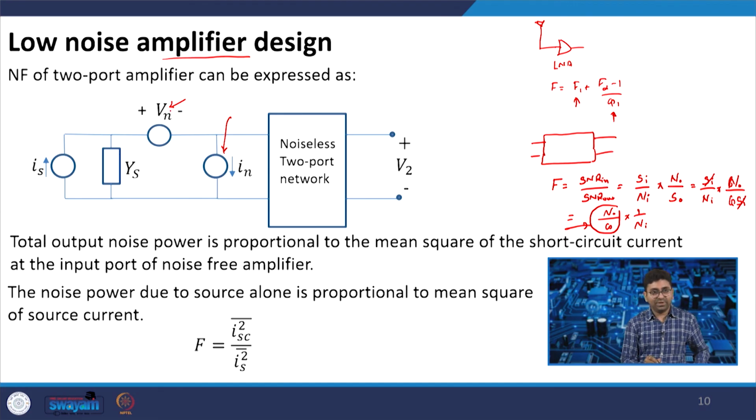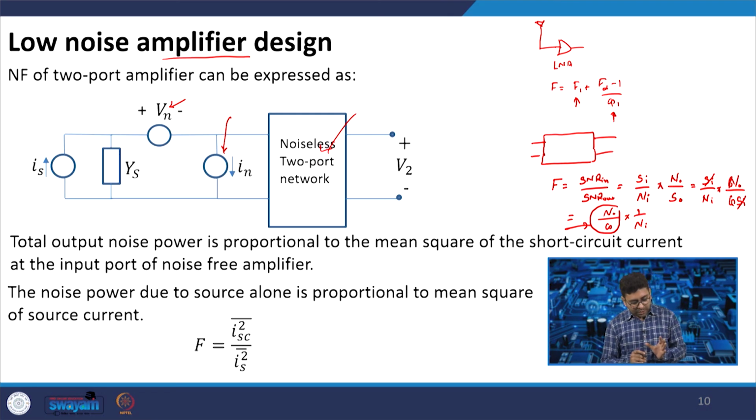Similarly, Vn is the voltage noise at the input side due to the two port network, the input referred noise voltage. So, this will then become a noiseless two port network, and you have represented the noise generated by the two port network as a voltage source and a current source.